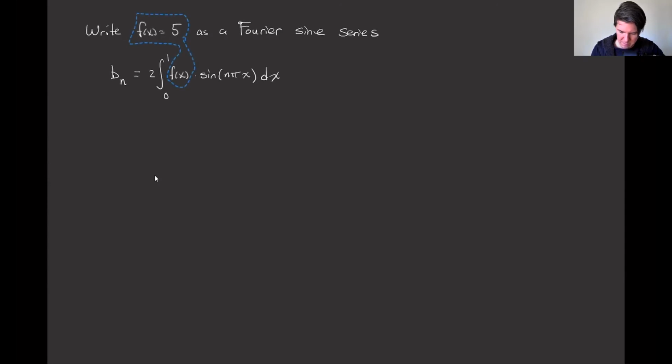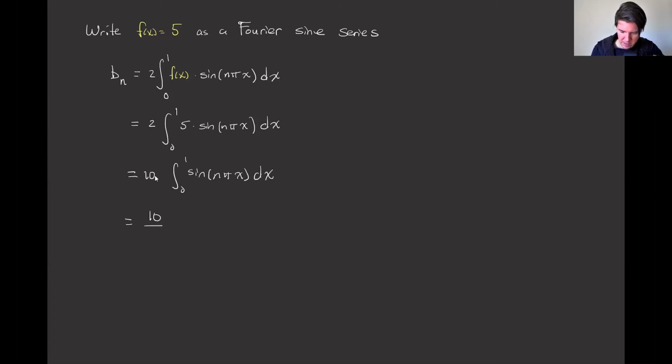It's going to be 5, but it could be whatever function. It'd be a different computation if it was a different function, but same idea. And this will end up being pretty simple because it is just a constant. So we can factor out the 5, we get 10. Now we have a really basic integral to solve, or an antiderivative to find.